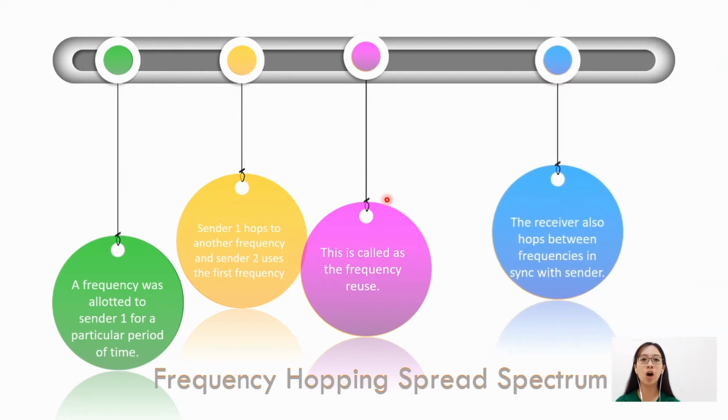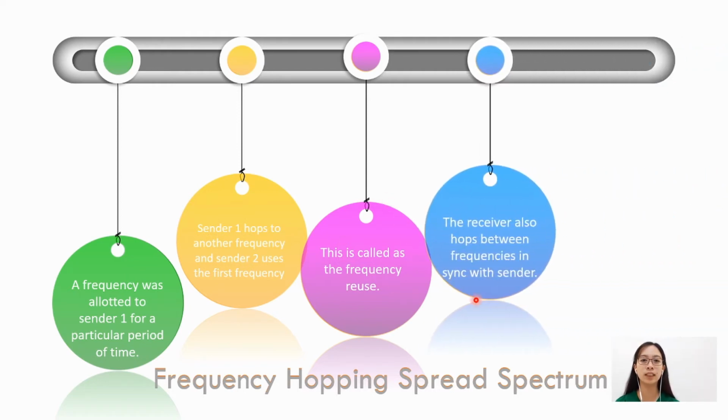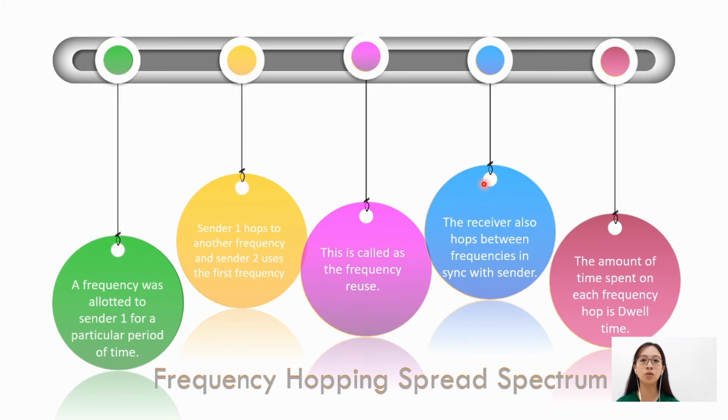The receiver also hops between frequencies in sync with the sender. The frequencies of the data are hopped from one to another in order to provide a secure transmission where the eavesdroppers hear unintelligible blips. The amount of time spent on each frequency hop is called dwell time.